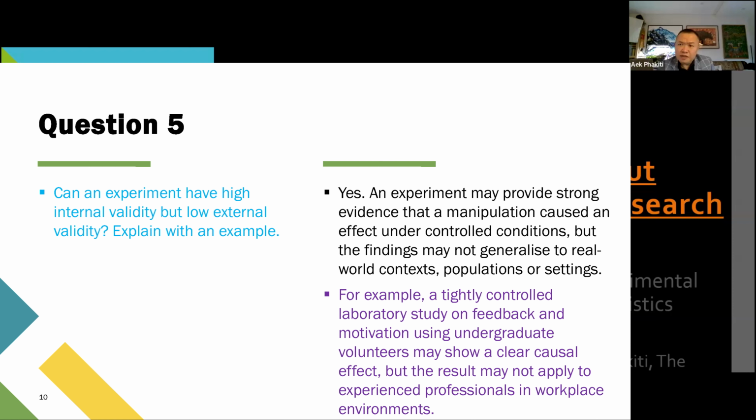So basically, yes, it is. The answer is really yes, because you can have some strong evidence about the manipulation and it can lead to this and that, but sometimes it may not be generalizable. You can't really generalize your finding to other situations, especially when it's very tightly controlled.